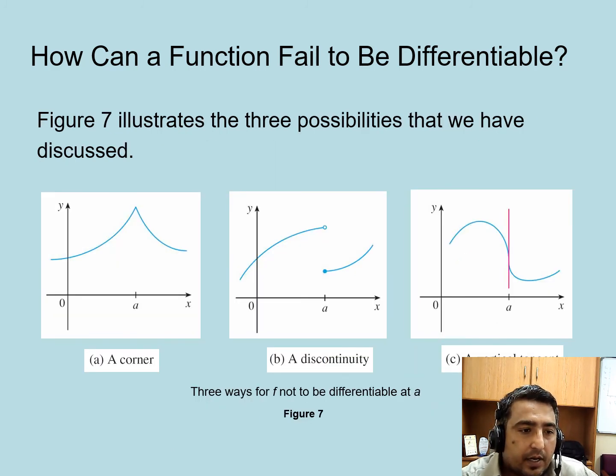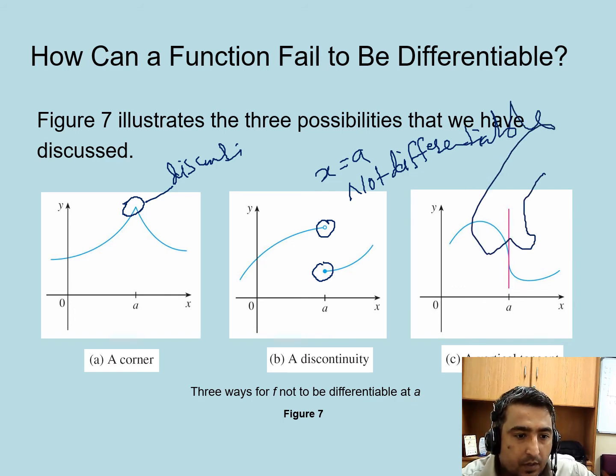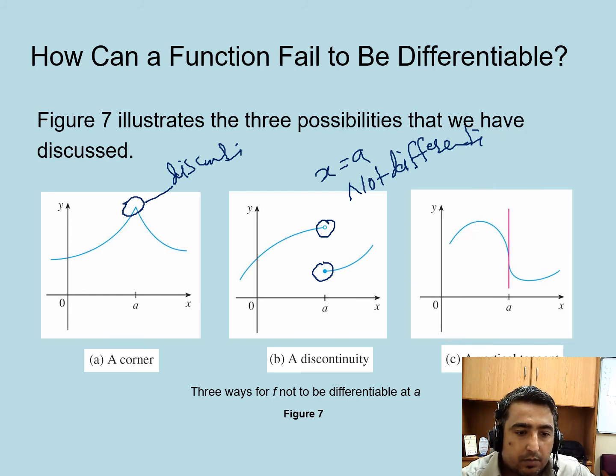And there are a couple more examples. At this point there is a discontinuity and the derivative of the function does not exist, and also at this point x equal to a, not differentiable.